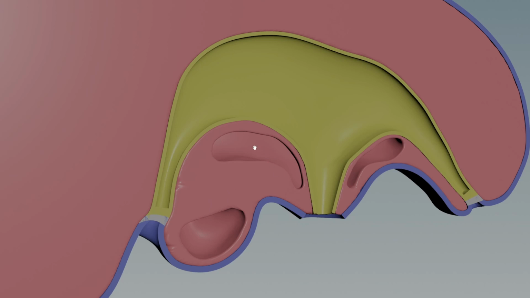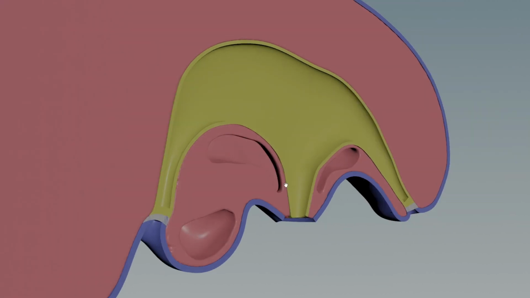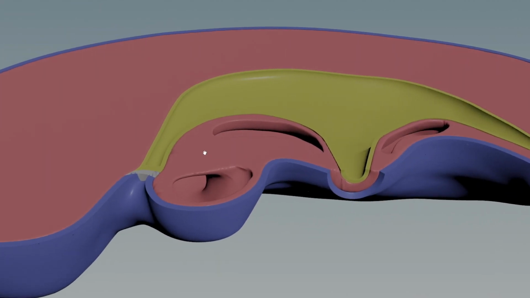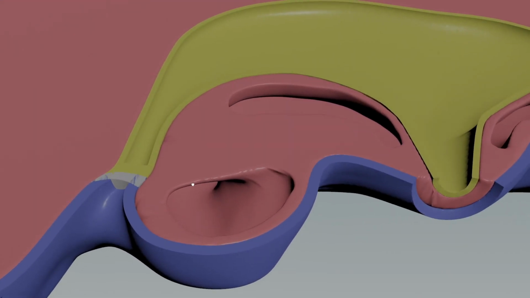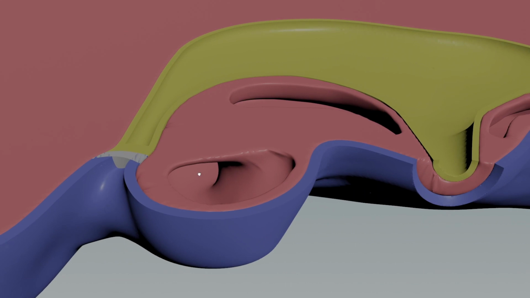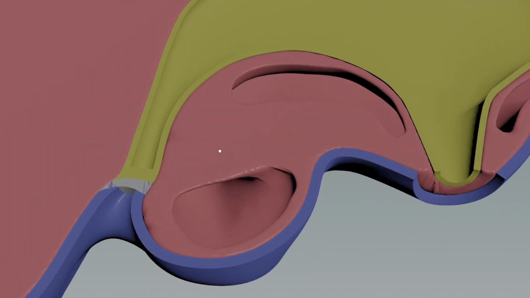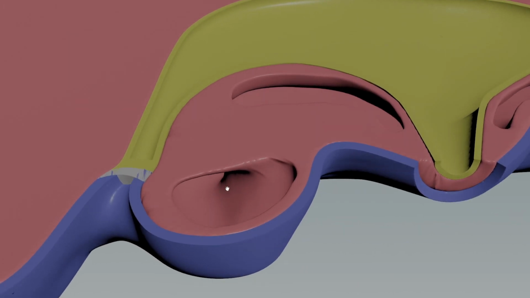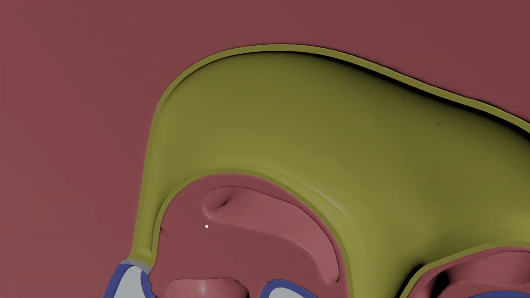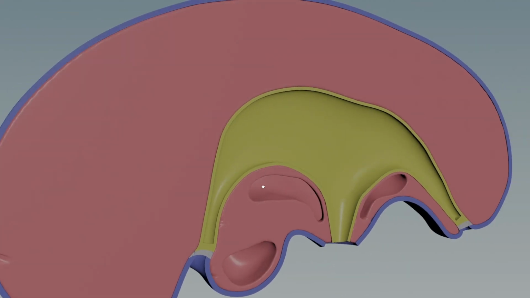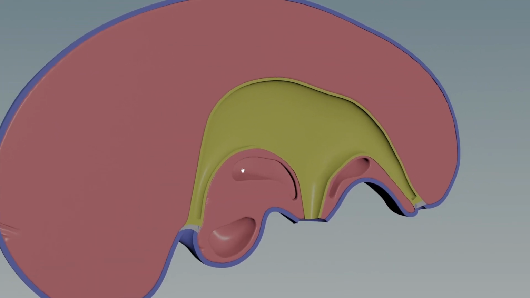And here we have abdominopelvic cavity space, which is surrounding that developing gut tube. And if I rotate it and we look up through the thoracic cavity, we see that there is a pericardioperitoneal canal that is connecting the thoracic cavity space here with the abdominopelvic cavity space here. So there we go. We have our internal body cavity.